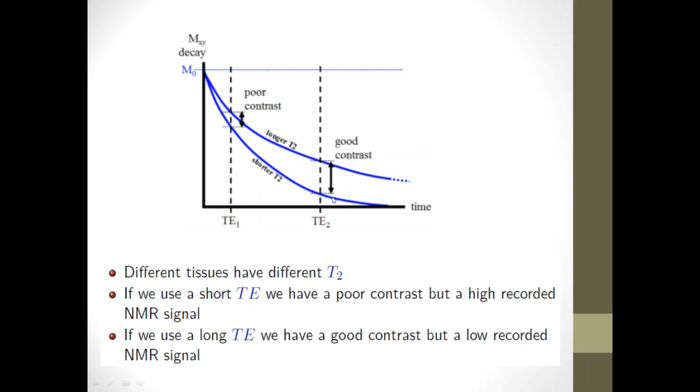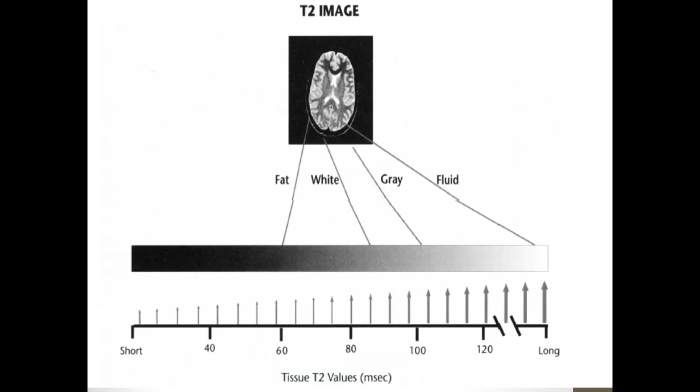So there is a difference in magnetization between water and fat. When you record the signal at this time, the higher magnetization will give you a brighter signal, like water, while the lower magnetization, like fat, will give you less signal. So TE is a very important parameter for T2 weighted image.